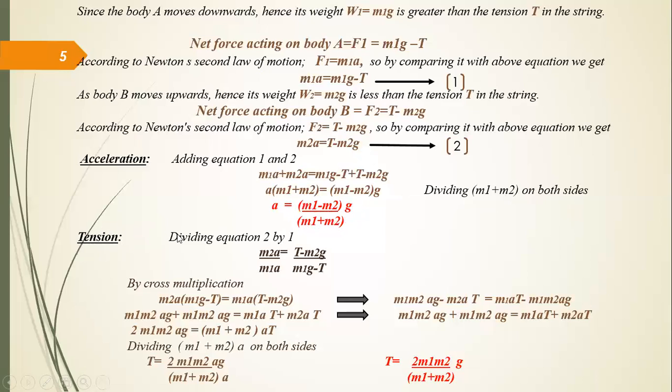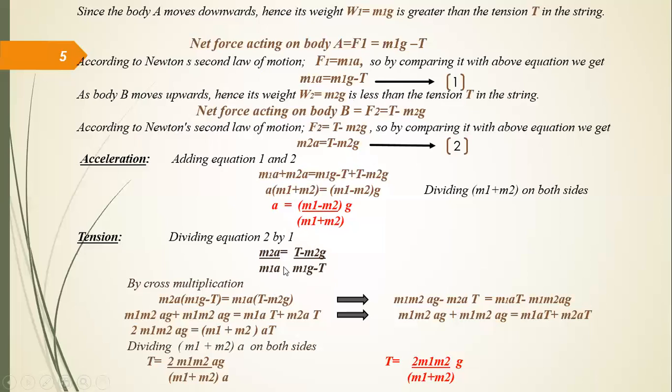For finding the tension, we will divide equation number 2 by equation number 1. The left hand side of equation 2 will be divided by the left hand side of equation 1, and the right hand side of equation 2 will be divided by the right side of equation 1, as I have done here.